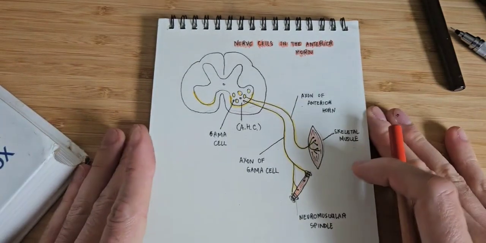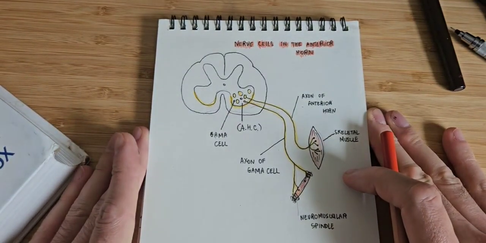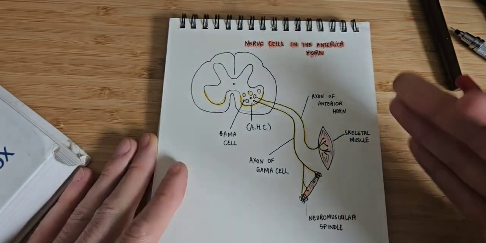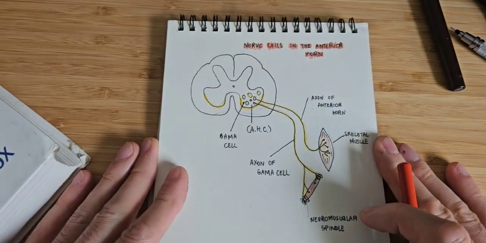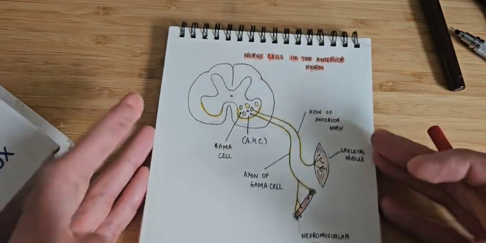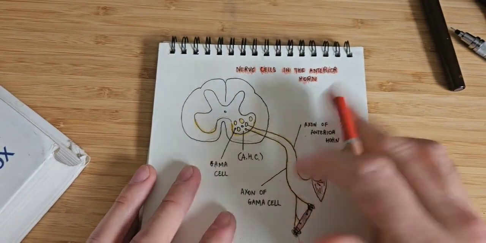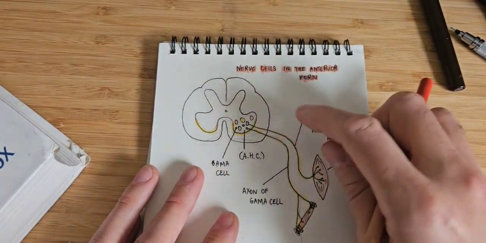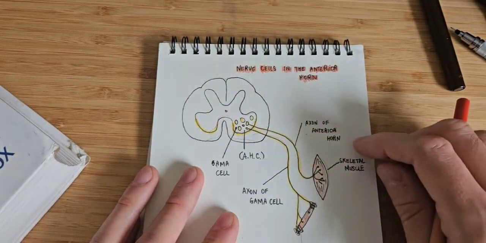So I'm gonna finish the live now. I hope you enjoyed the topic and that it makes some sense for you in understanding the nerve cells in the anterior horn. Tomorrow I'm gonna talk about the nerve cells in the lateral horn.